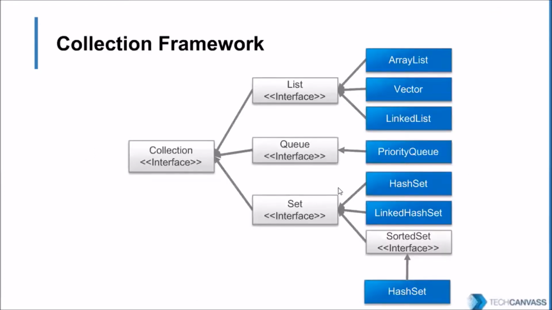This is the framework of collections, where you have the collection interface, and then you have list, queue, and set interfaces, and ArrayList, Vector, LinkedList, PriorityQueue, HashSet, LinkedHashSet, and SortedSet as an interface. These are the classes that actually implement these interfaces.